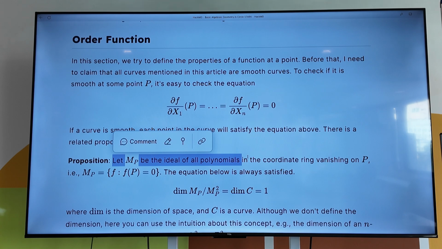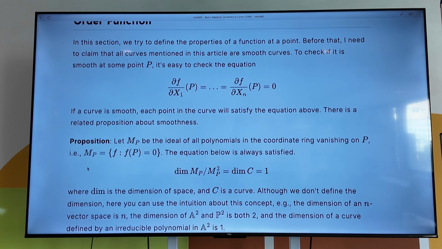The ideal is defined by this equation, and the ideal contains any polynomial that vanishes at p.